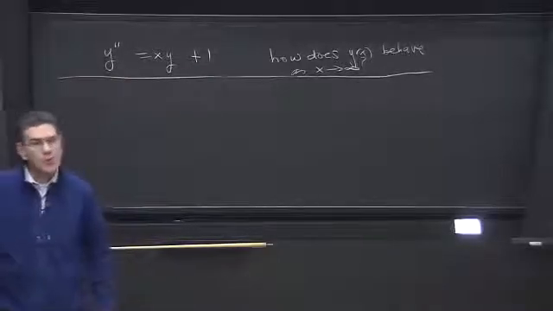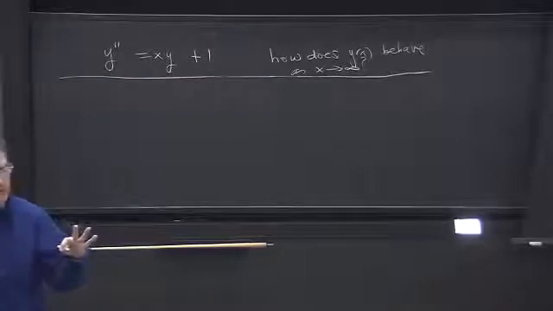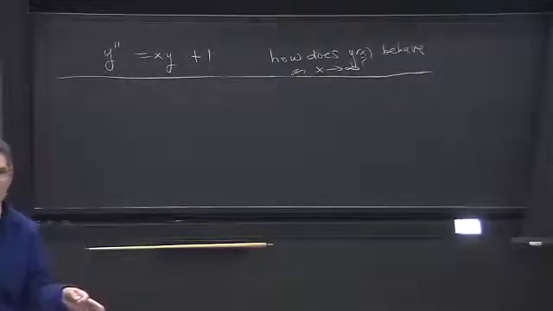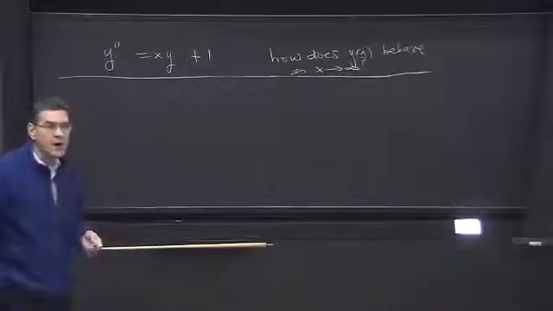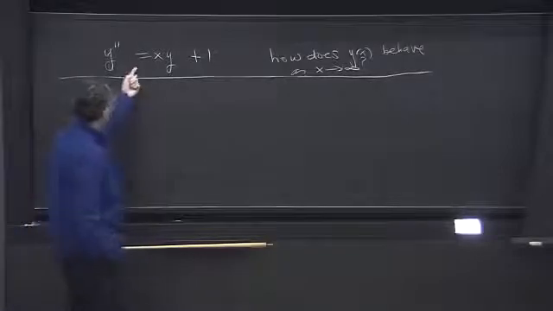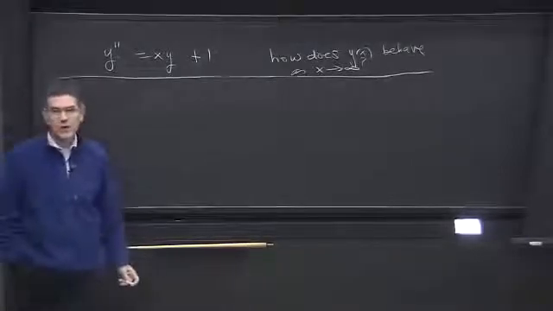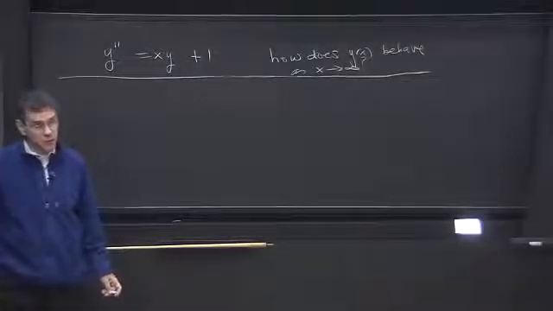So if you hadn't taken this course and you didn't know anything about asymptotics, you could recite some standard theory about what to do with a second-order linear inhomogeneous differential equation.